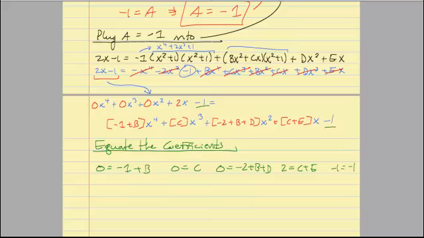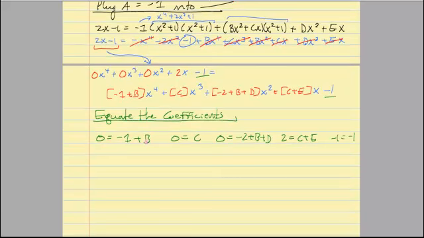So now I start solving, and these will go pretty fast now. Solving for b here, I get b equals 1. Here I have c equals 0. That's nice. Now over here, I can't solve quite yet before I substitute. So b equals 1. So I have 0 equals negative 2 plus 1 plus d. 0 equals negative 2 plus 1 is negative 1.